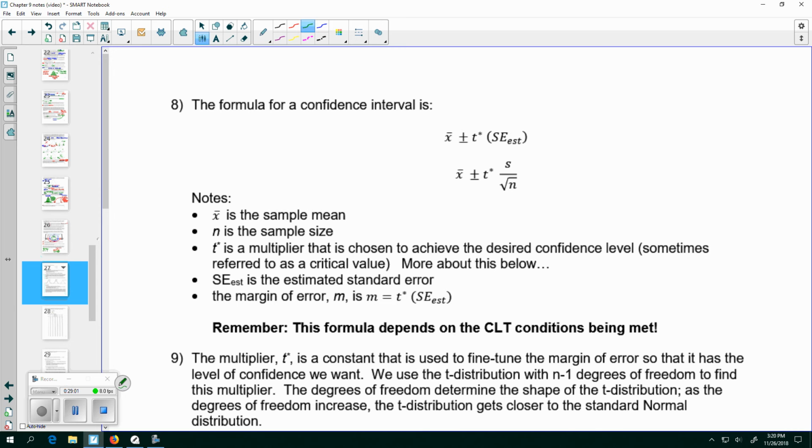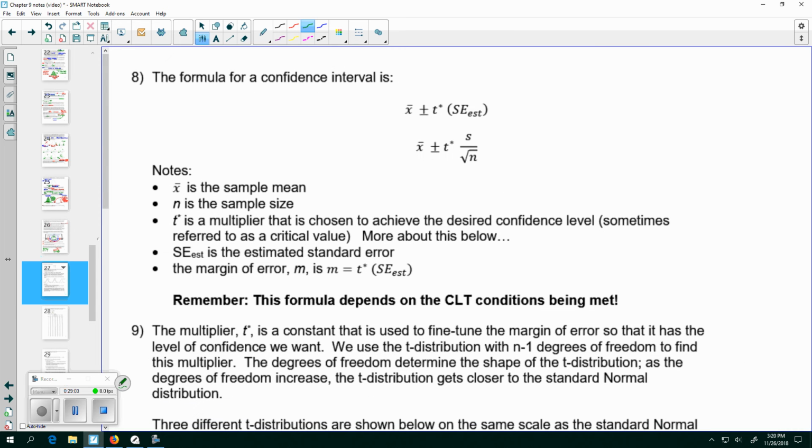All right, so on the next page, the formula for a confidence interval is x bar plus or minus that critical value. So notice it's a t instead of a z, times the standard error that's estimated. So we're still taking a couple of standard errors. And that standard error, just like we've seen before, is your sample standard deviation divided by the square root of your sample size.